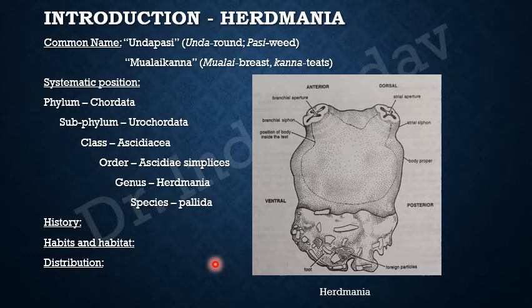Herdmania feeds upon diatoms, algae, and infusorians. A constant current of water enters the body through the branchial aperture, and after circulating through the body, it goes to the stomach and intestine, then the rectum and cloaca, and it opens in the atrial siphon.